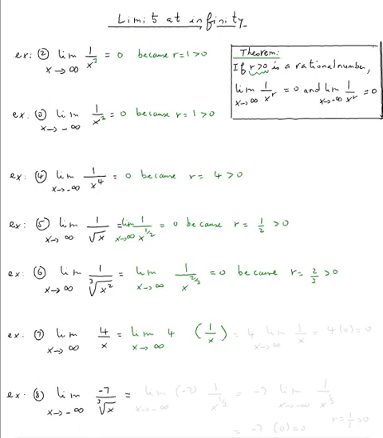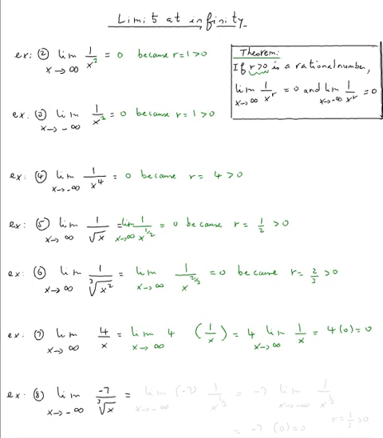We know that 1 over x approaches 0 using the theorem. So we could say this is the same thing as 4 times the limit of 1 over x as x approaches infinity, which is 4 times 0, which is 0. So since it's a constant, you can take it outside.